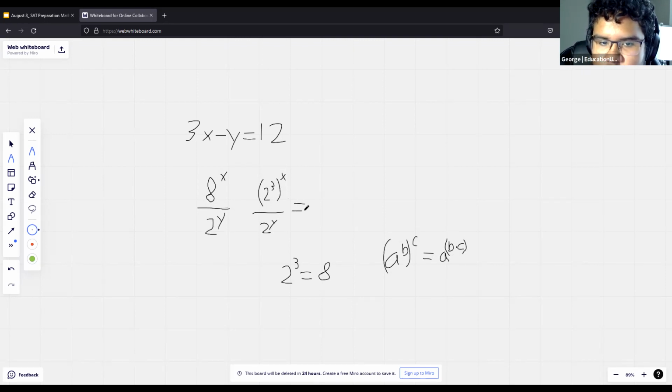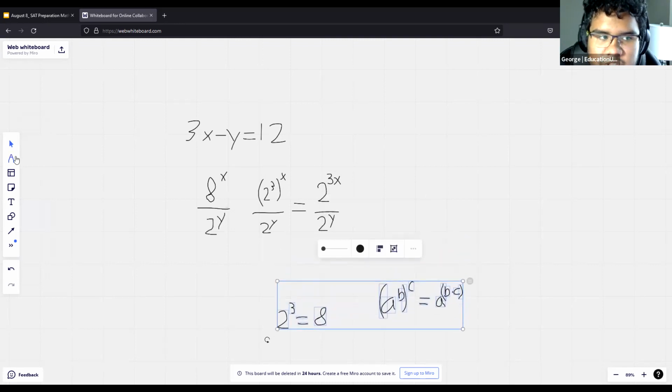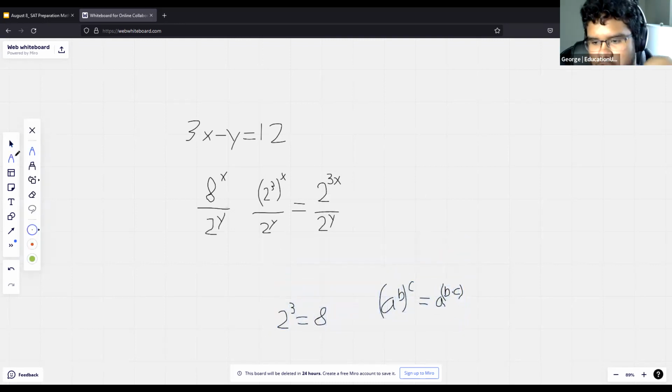We end up simplifying this to 2 to the power of 3x over 2 to the y. Now that we have a common base to work with, you can also simplify this using rules of exponents. Let me show you what I mean.